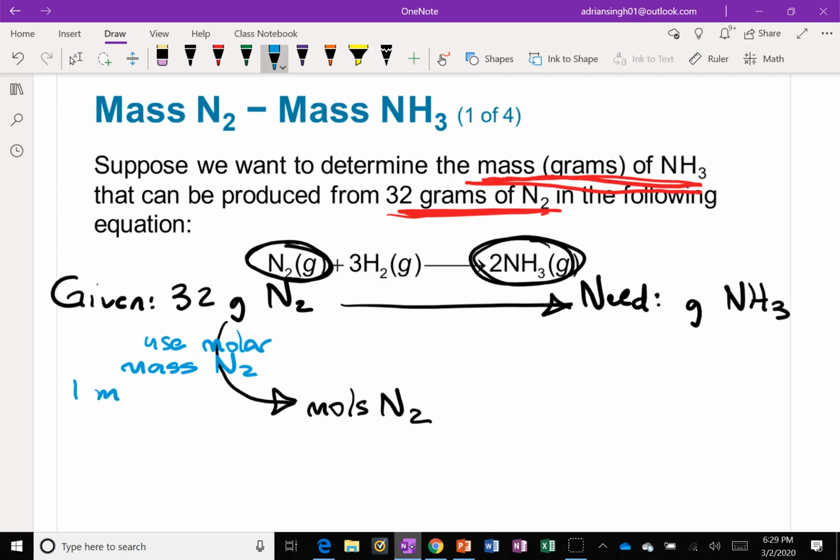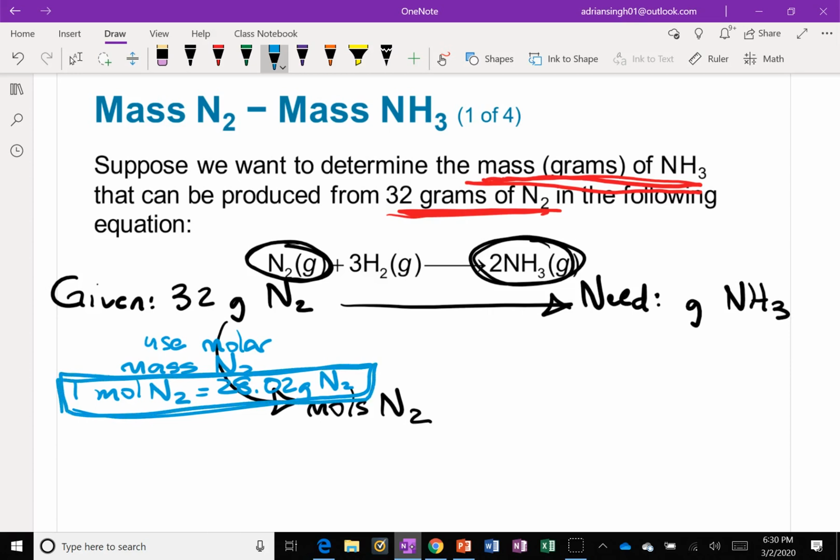So 1 mole of N2 is, if you have a periodic table, one nitrogen is about 14, so we have 2 of them, so that'll be 28.02 grams of N2.